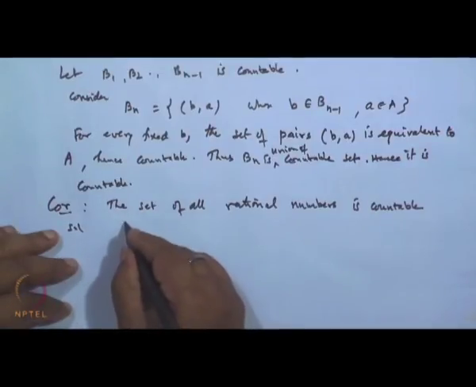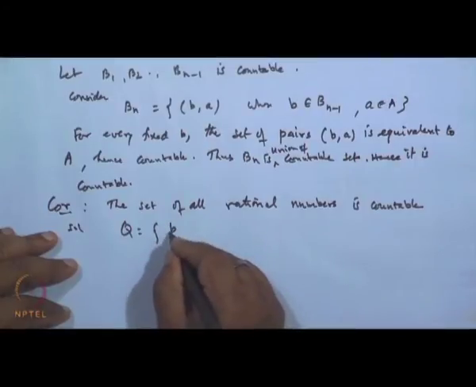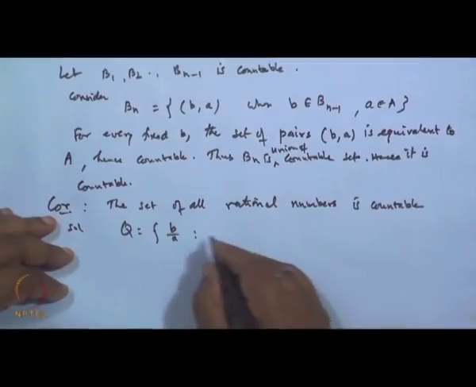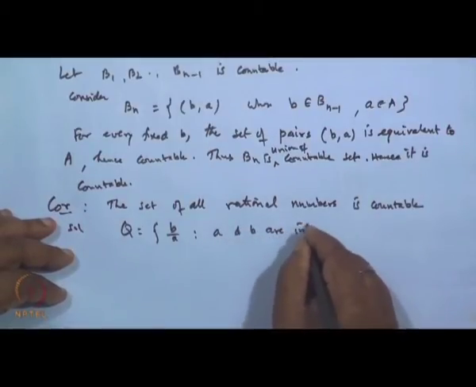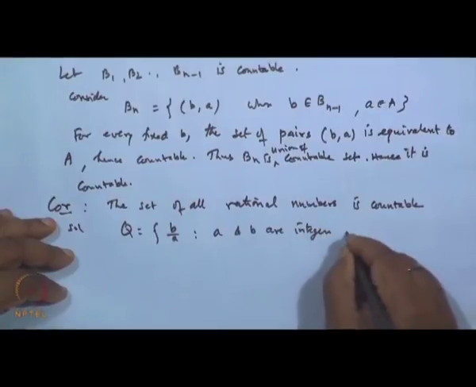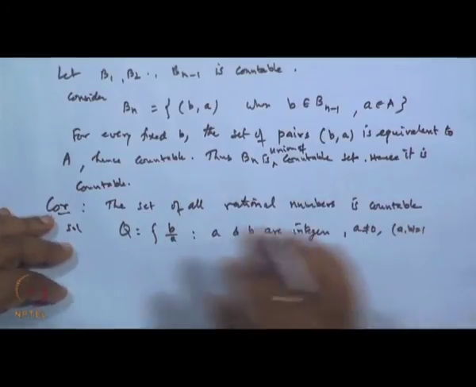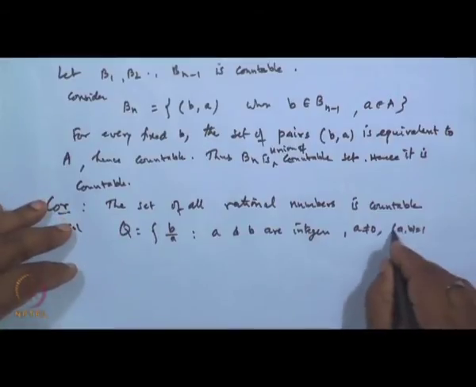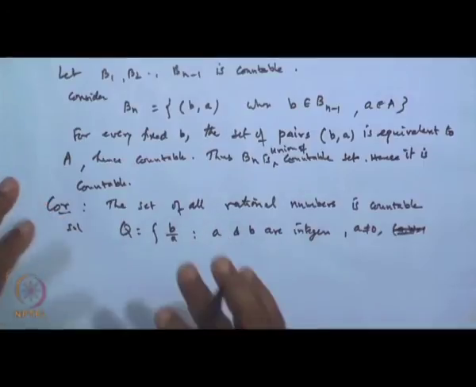The set of rational numbers Q is basically of the form b by a, where a and b are integers, a is not equal to 0, and they do not have common factors. Even if they do, say 2 by 4, 1 by 2, we can take that also.